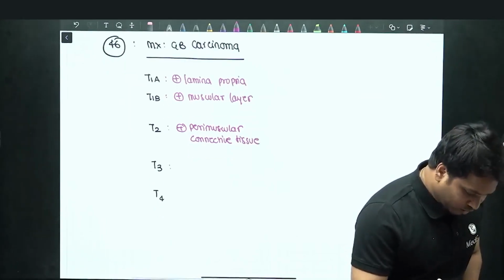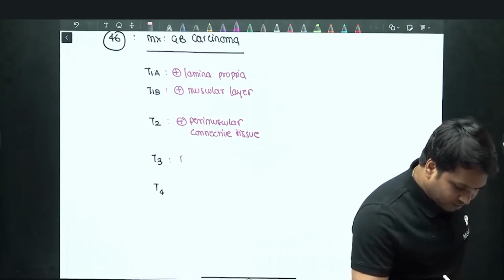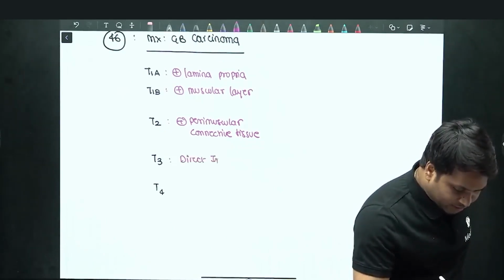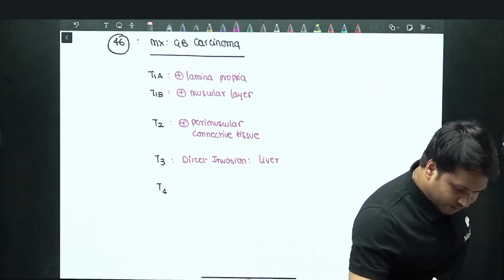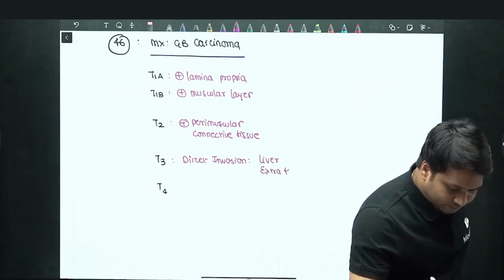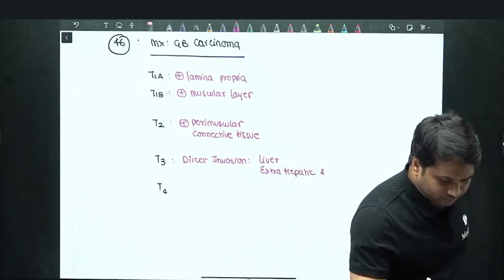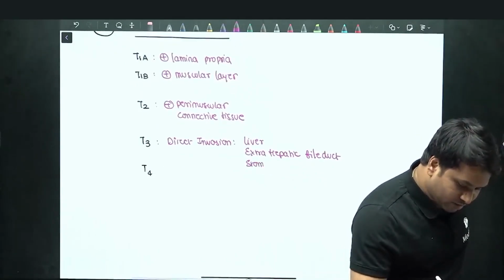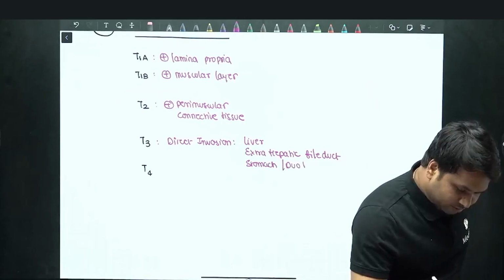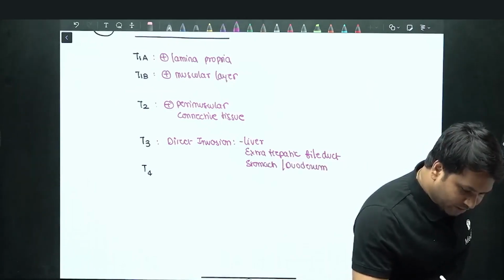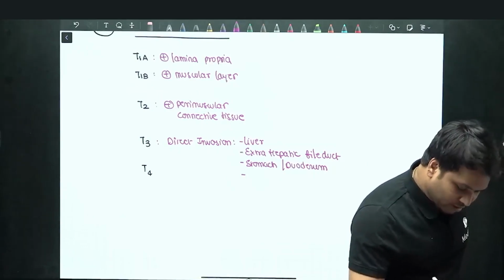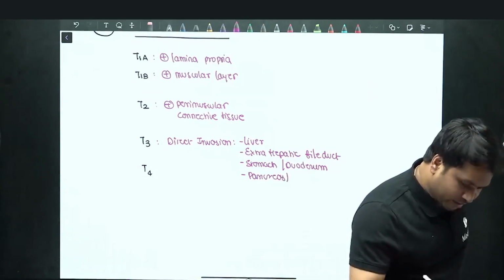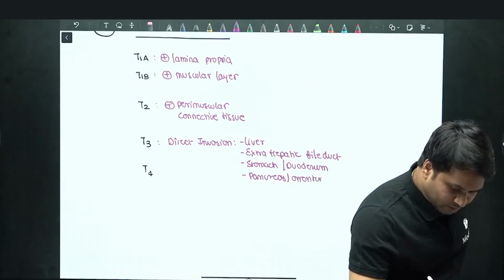T3 is going to be local invasion. T3 is your direct invasion, and this direct invasion is of the liver, extrahepatic bile duct, stomach, duodenum, or pancreas, or omentum, or for that matter colon.